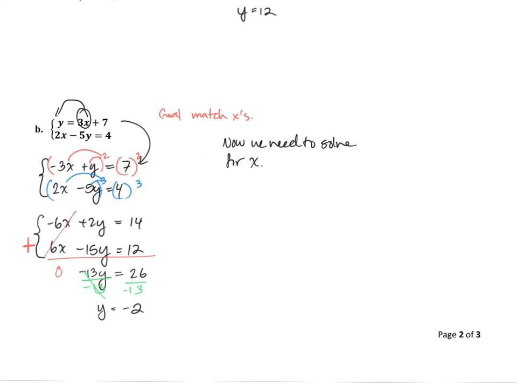Well, we can use either of these equations to solve for x. Either one would work. I like to go for the simplest equations if possible. So I'm going to go ahead and use the top one. It looks like it has the smallest numbers. And let's substitute in the y value of negative 2 to solve for x.